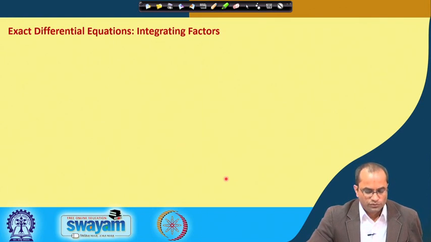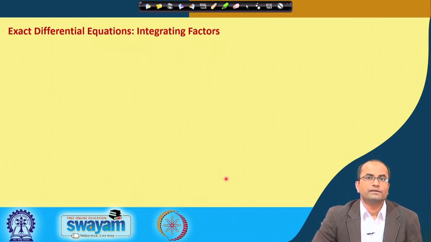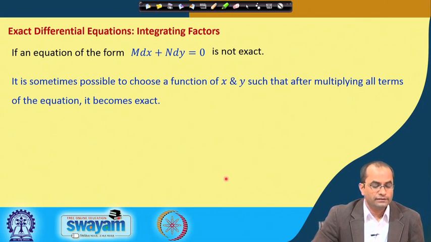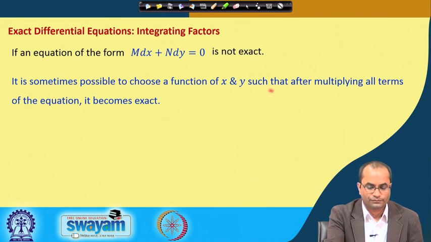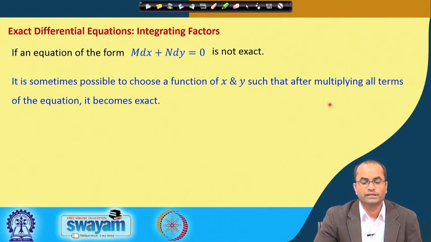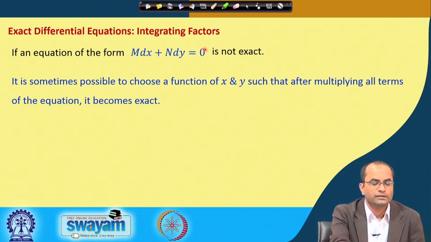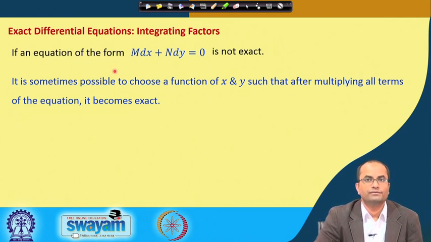Now, what is to be done when the given equation is not exact? For instance, if an equation of the form M dx plus N dy is not exact, it is sometimes possible to choose a function of x and y such that after multiplying all the terms of the equation by that function, the equation becomes exact.